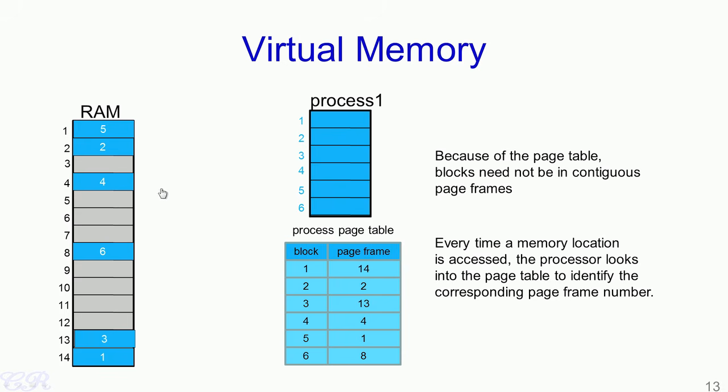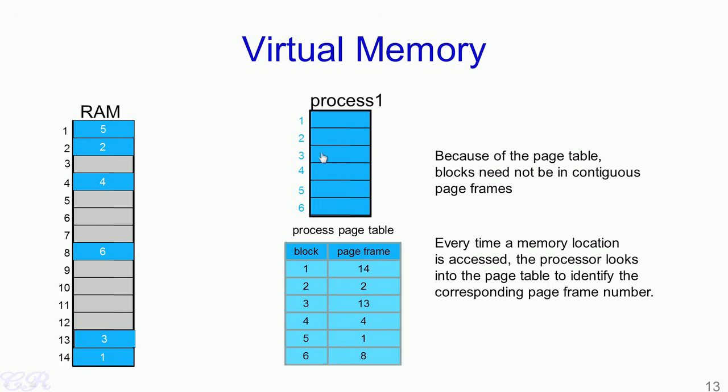For instance, say the program executing in the CPU accesses a memory location in block 3 of the process. This could be an instruction fetch or a load or store to some data.